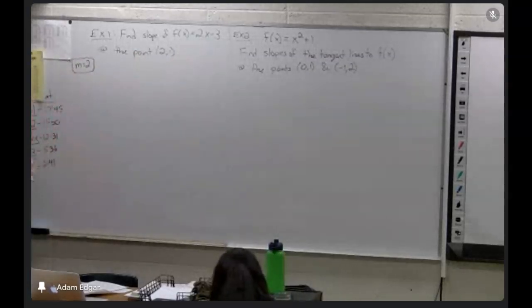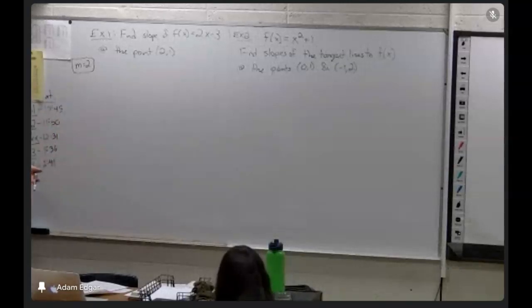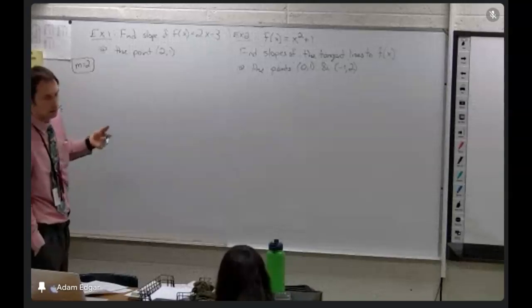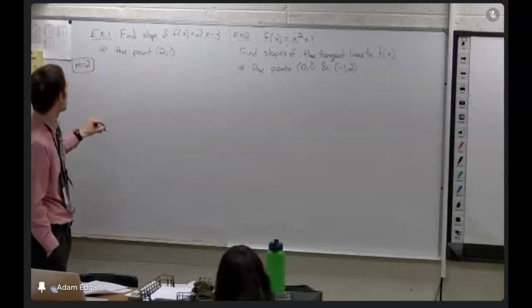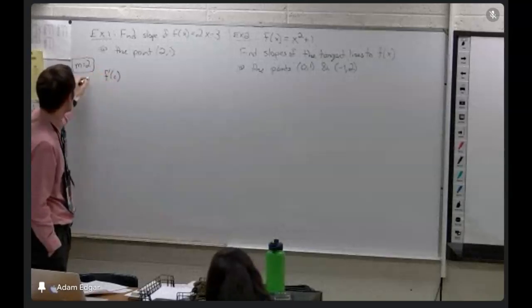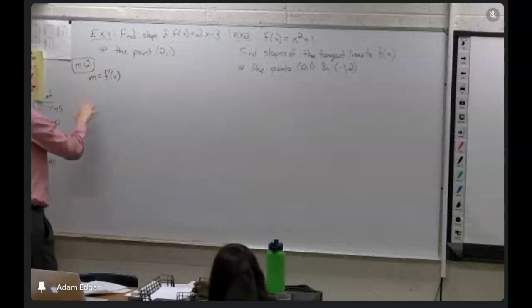But we want to make sure we understand and can set up the limit formula for the derivative, the limit formula for the slope of the tangent line. So start with writing down the limit definition of the slope of the tangent line. This is going to be f prime of c, because the slope m is equal to the derivative at c. They're the same thing.